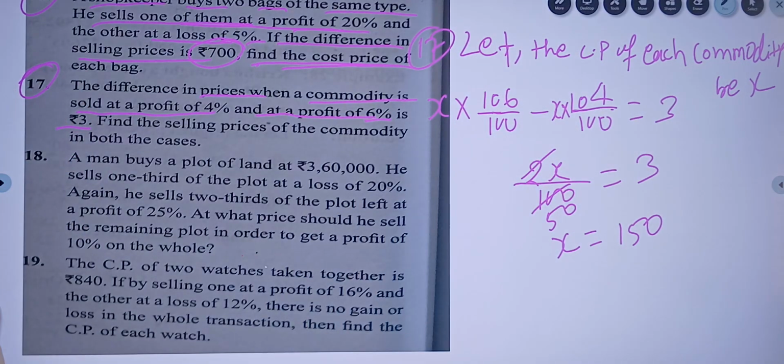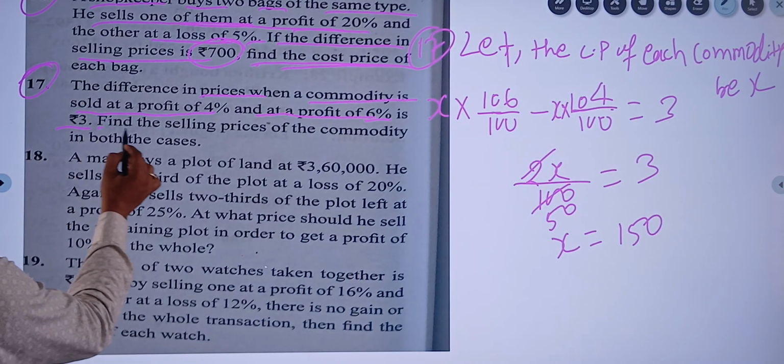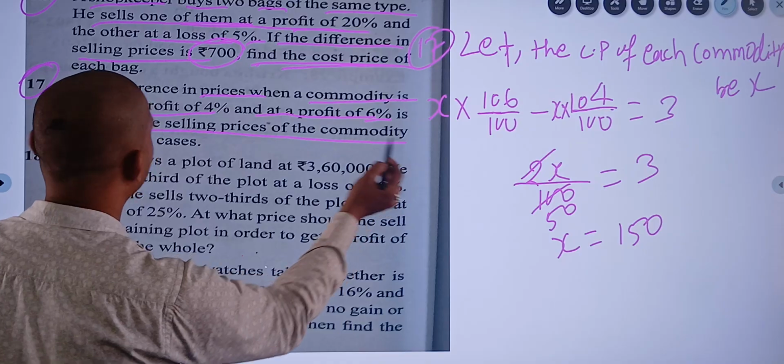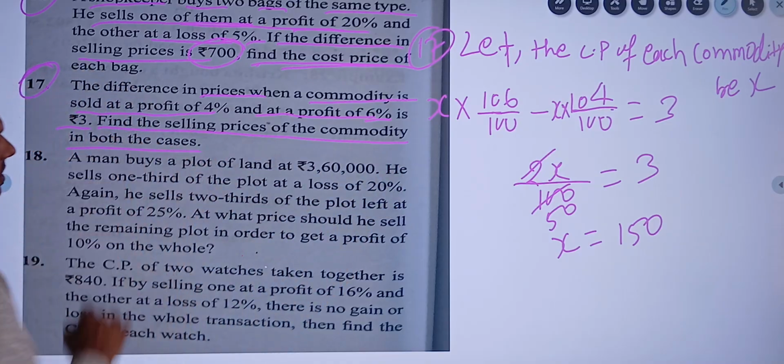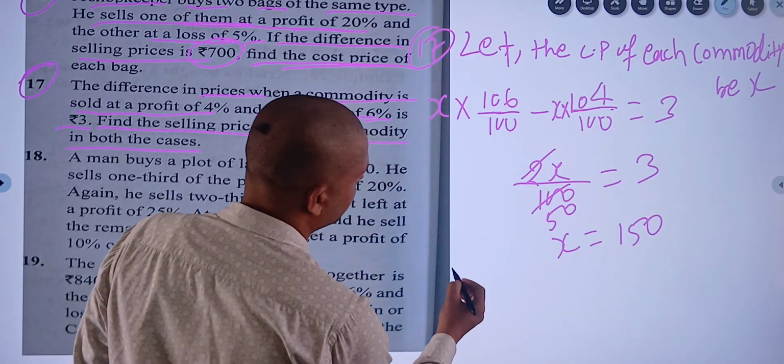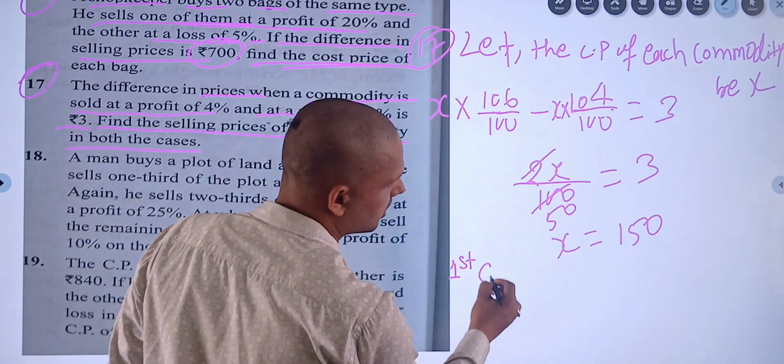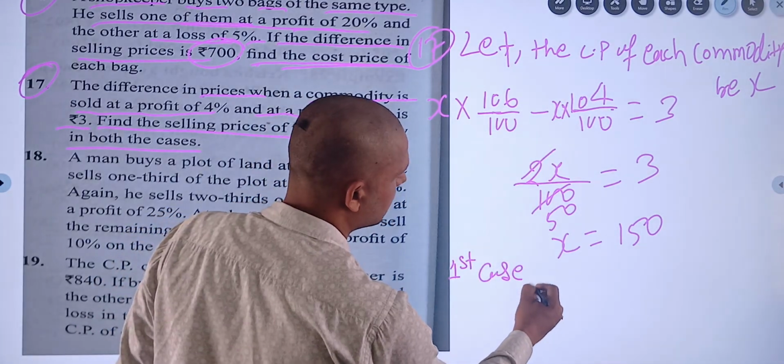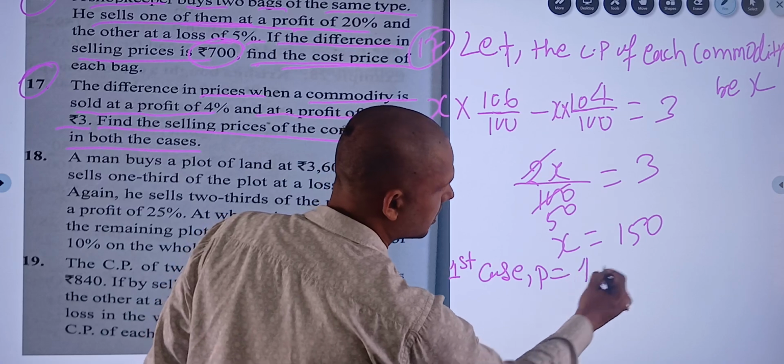But what do we have to find? Read the question properly. Find the selling price of the commodity in both the cases. We have to find the selling price. In the first case, there is a profit of 4%.